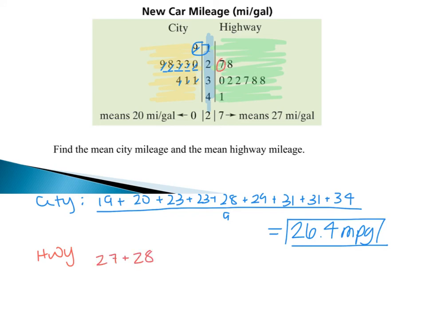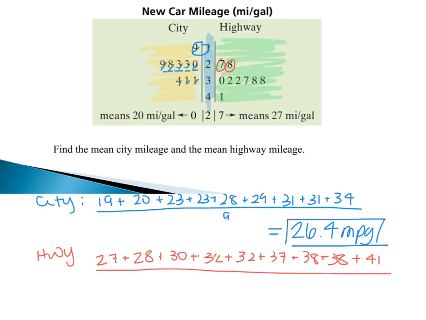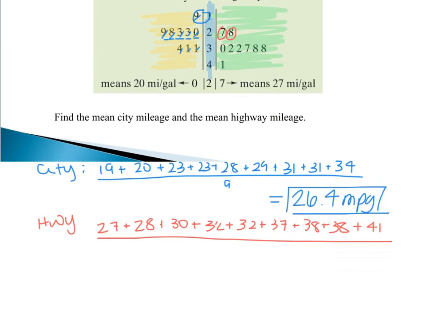And again, I'm getting that from this 27, that's 28, plus 30, plus 32, plus 32, plus 37, plus 38, plus 38, plus 41. We're going to divide all of this by our total number of data points.